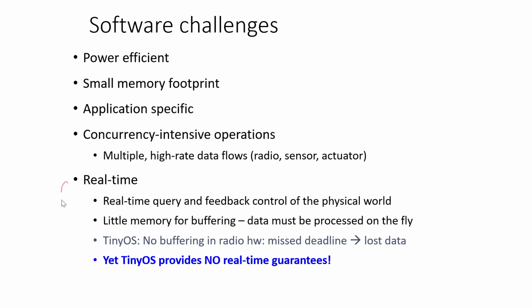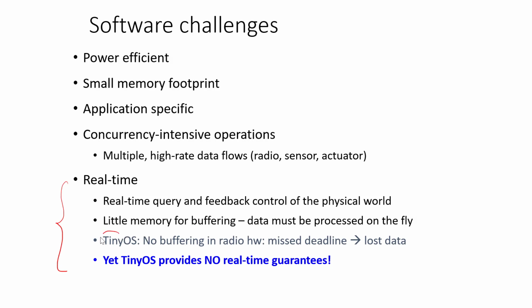And we need to provide a degree of real-time performance. So what we need is real-time query, in a sense, sensing the physical environment and sending the data in real time, with feedback, sensing, and actuation. Given that we have limited memory for buffering, data has to be processed on the fly and sent.